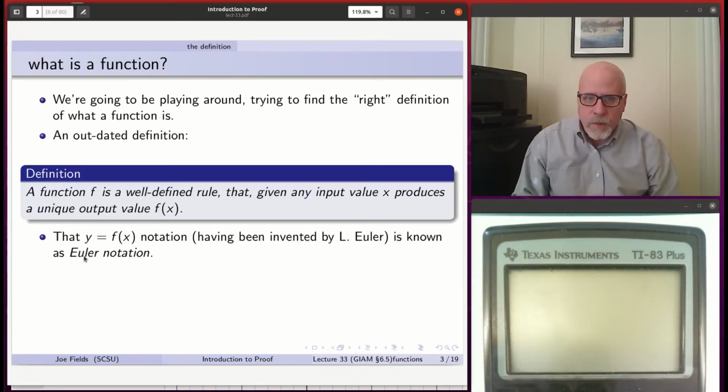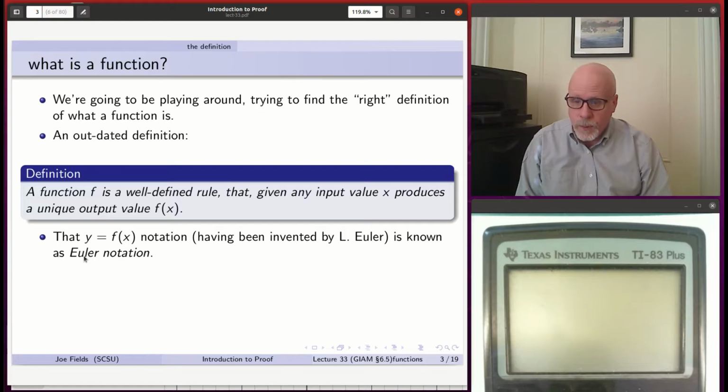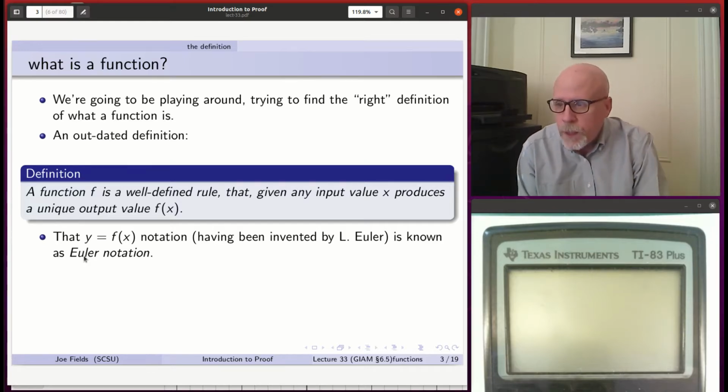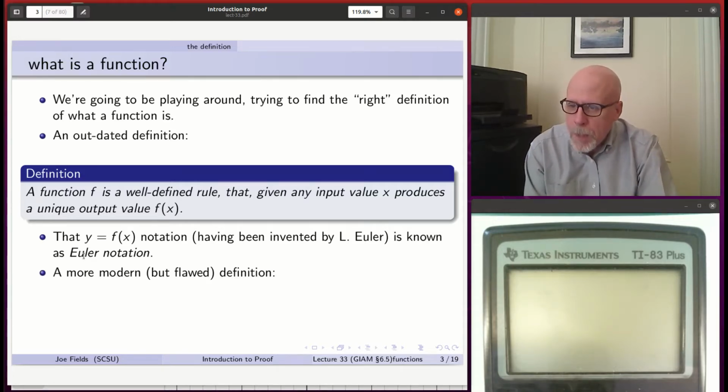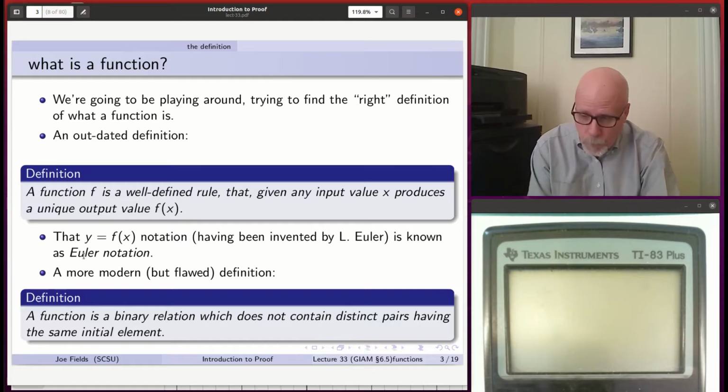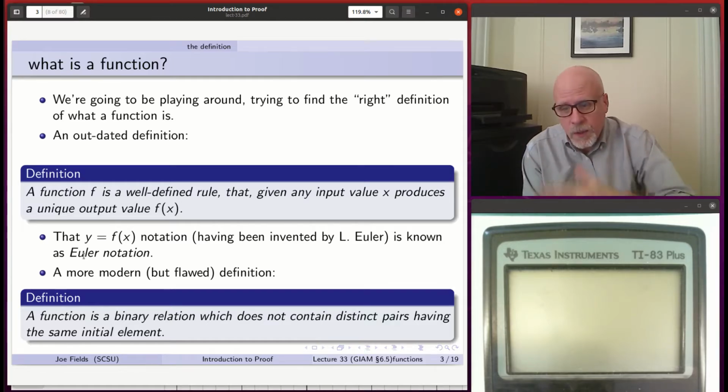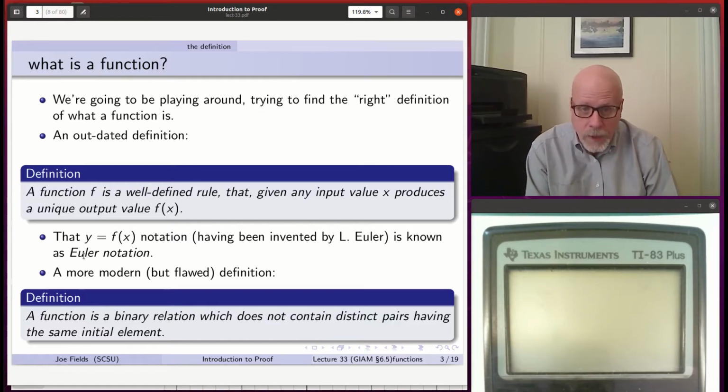That notation, f of x, goes back to Leonhard Euler, so we call it Euler notation. So if I refer to Euler notation now, that's the kind of grown-up way of talking about the y equals f of x stuff. Here's a more modern definition, but it's not the official definition as we understand it now. And the point is to take functions back to be relations that have a particular property.